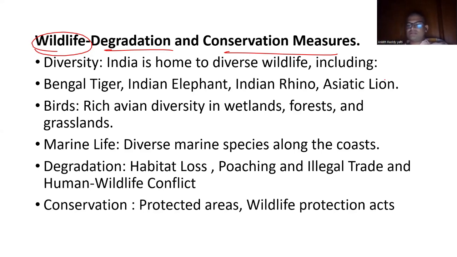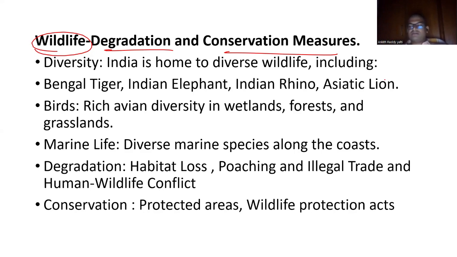So it's on us to conserve these areas, and India has been quite successful with projects like Project Tiger and Project Elephant, where we were able to increase the number of tigers in the country. It's a success story.